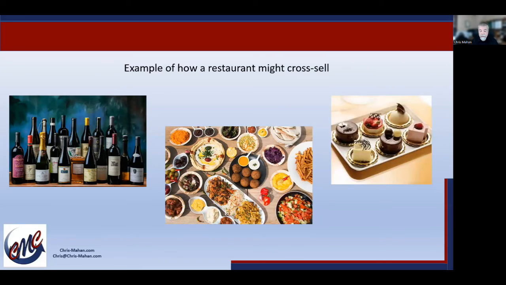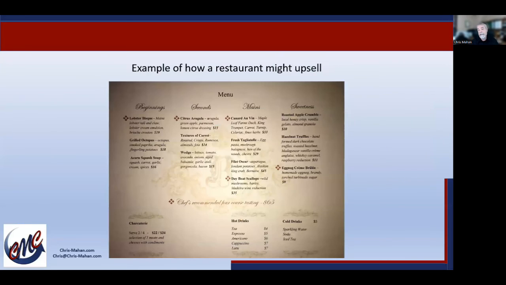Now, here's how a restaurant implemented an upsell policy. When the servers would provide the menu to the patrons, they would take a moment to highlight some of the main courses. They would especially highlight the more expensive ones. Many upscale restaurants have their servers sample the dishes that are available each evening, so those servers can share with their patrons how delicious they found those dishes to be.